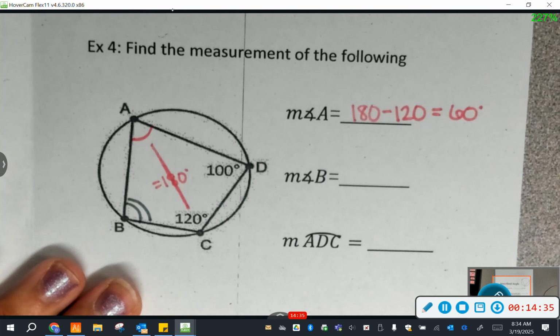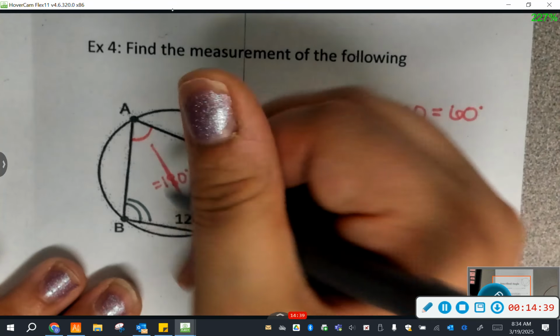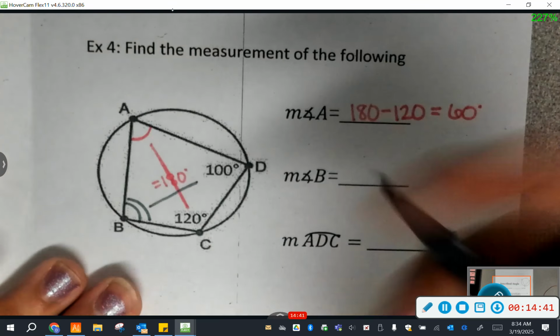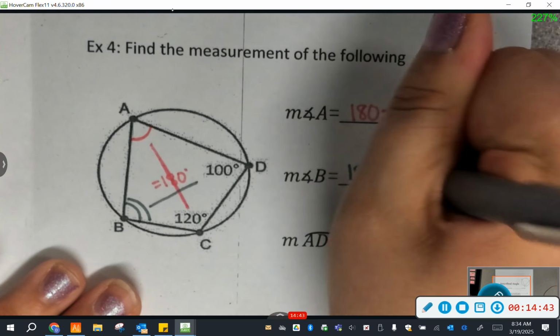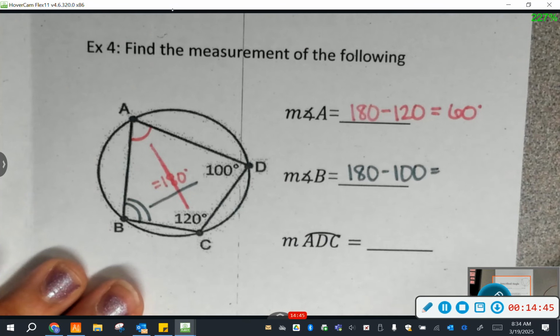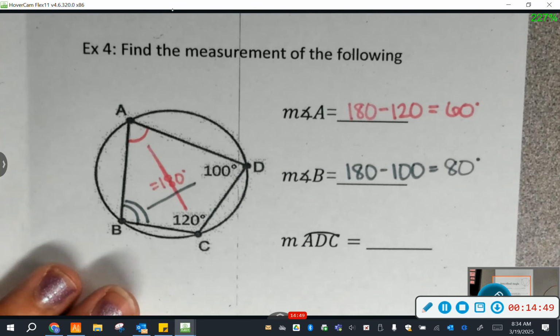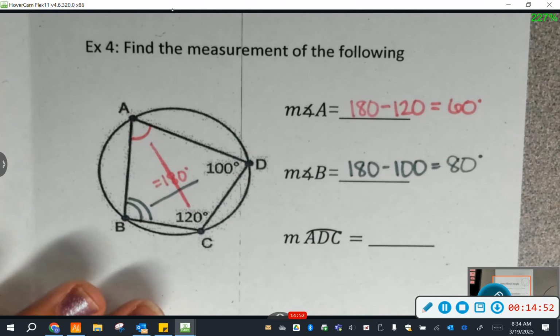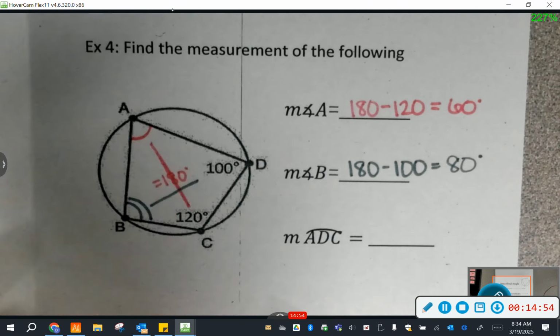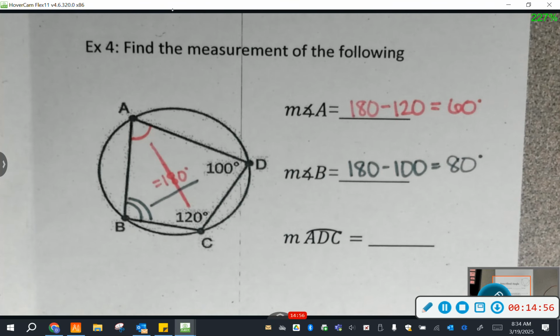Because it's across, I'm going to do 180 minus 100 is 80. And that's all you do. You just have to subtract from 180 the one across from it.